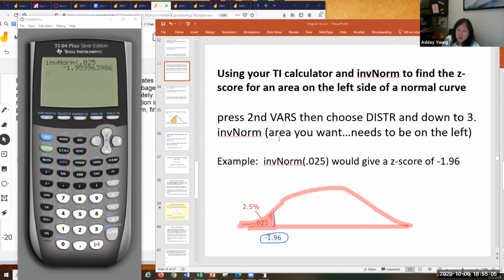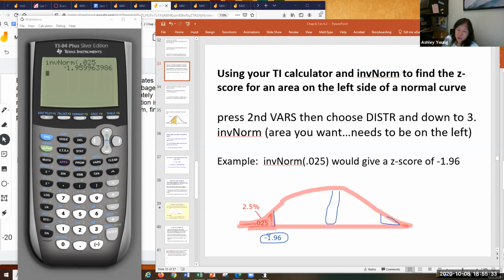So with inverse norm, if you feed it an area, here's the problem: it doesn't know whether this area is in the middle or on the right side or where. 2.5% here is a lot different than 2.5% somewhere else.